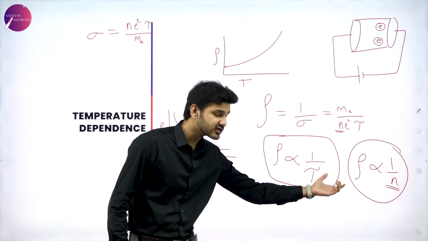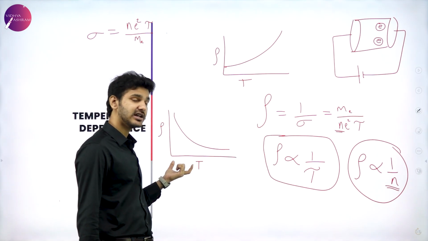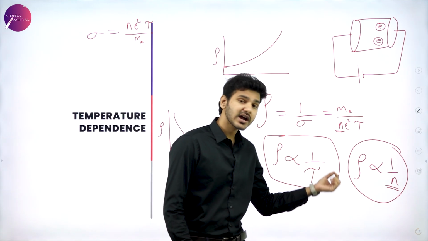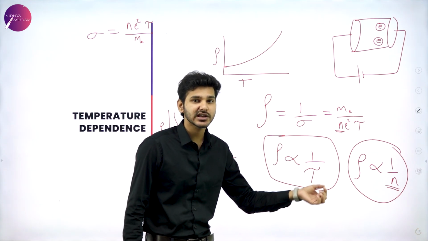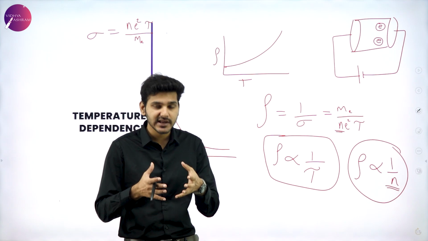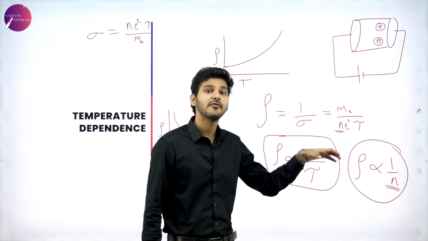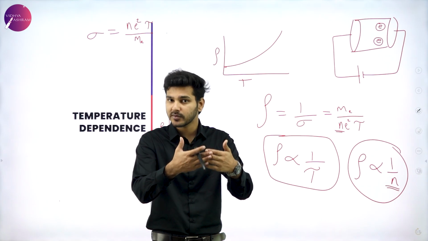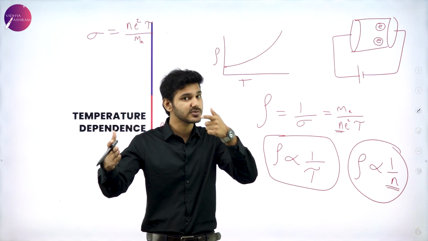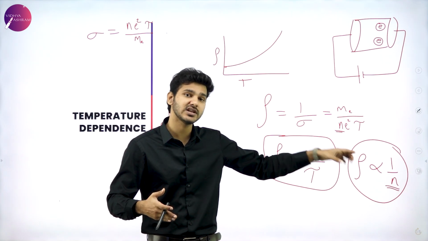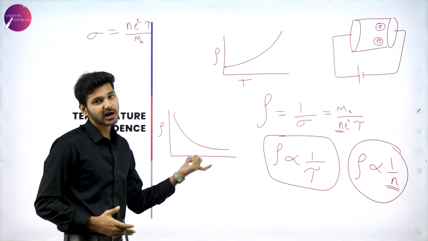So as temperature increases, more and more free electrons become available, which means that the resistivity will decrease. As more free electrons are available, conductivity is the factor that is going to increase, which means that the inverse of that, resistivity, is going to decrease. So that is the reason why we have a graph like this one.